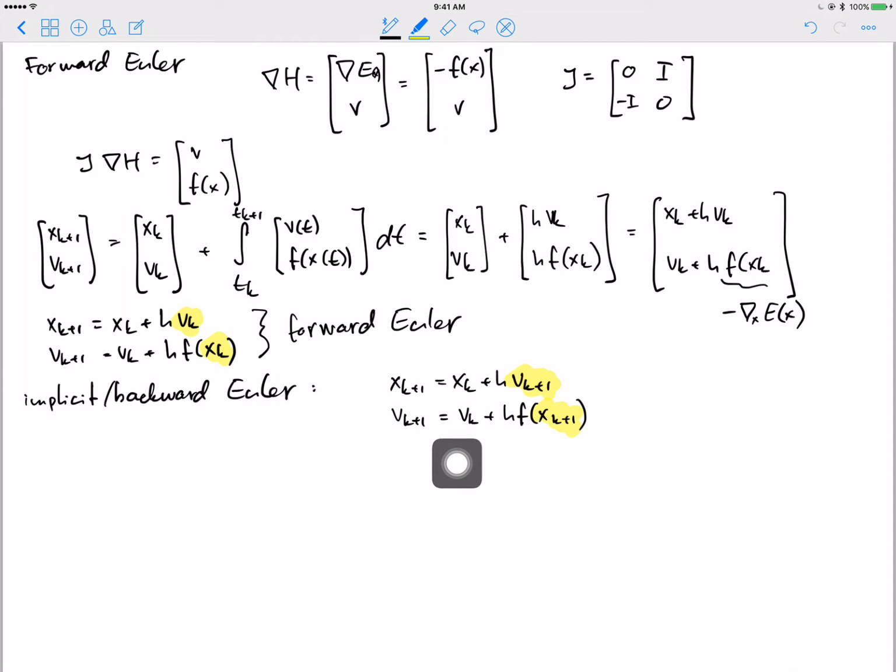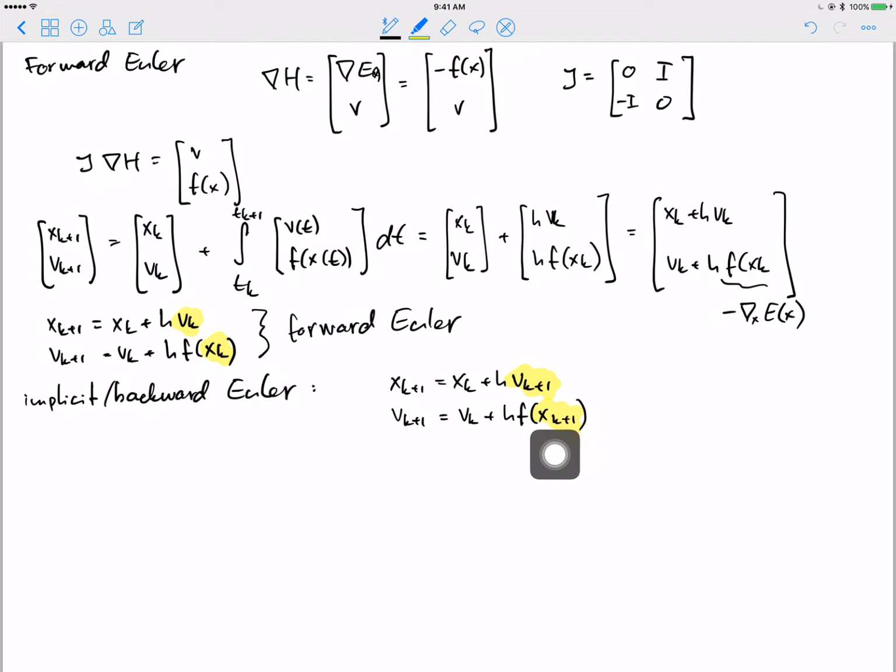Okay, and we won't go into how today either, because that's probably an entire separate lecture. But algebraically, this is a system of equations. And if f is not a linear function, which it usually is not, that's a system of nonlinear equations.